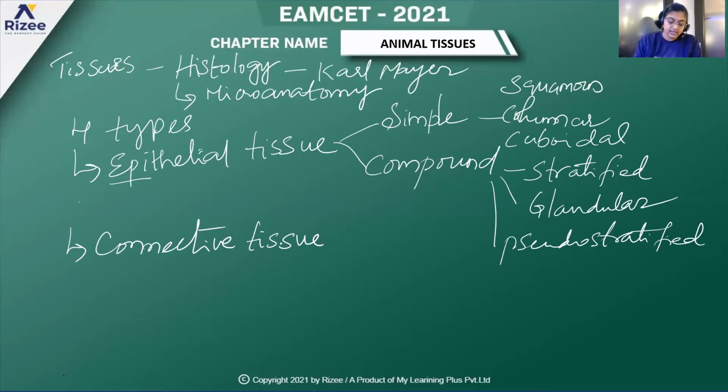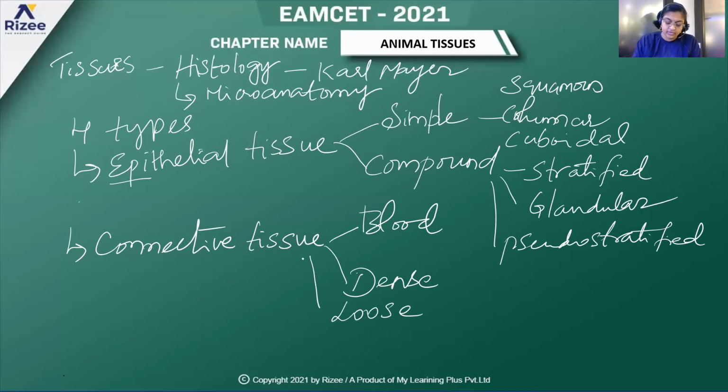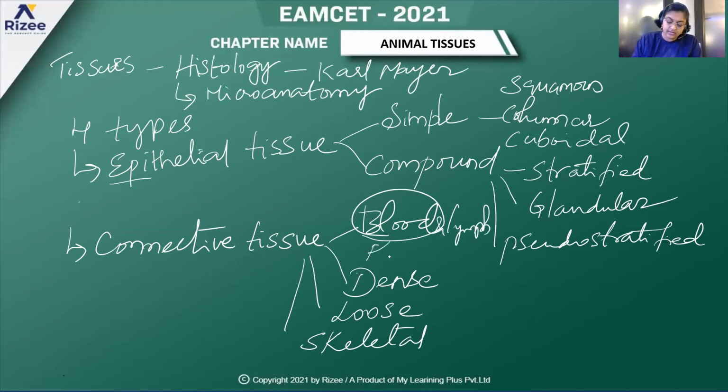Mainly this is seen in the form of blood, then the dense connective tissues, the loose connective tissues, and then skeletal connective tissues. The blood can be blood and the lymph fluids, which can be seen as the fluid connective tissues. In this way, we are going to study the second type.